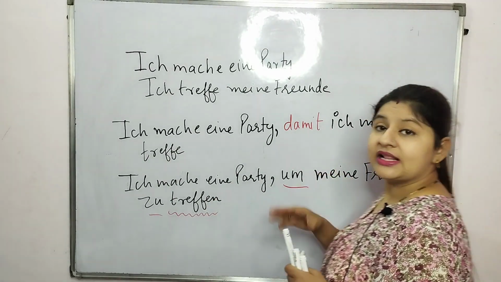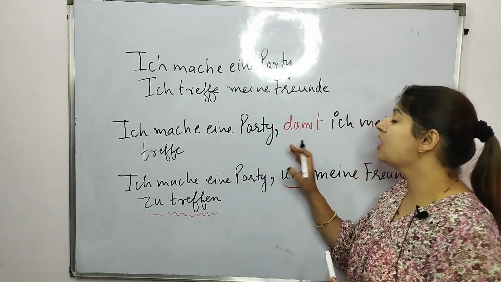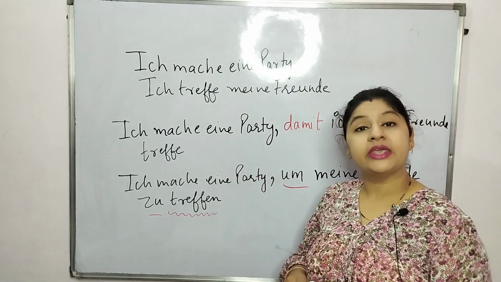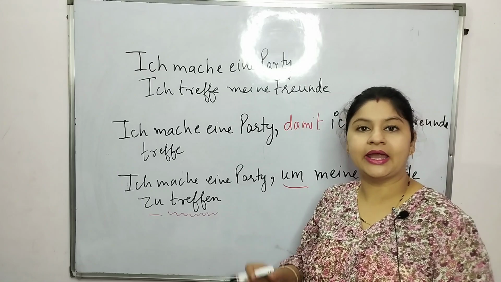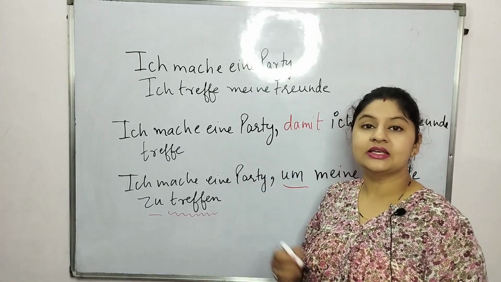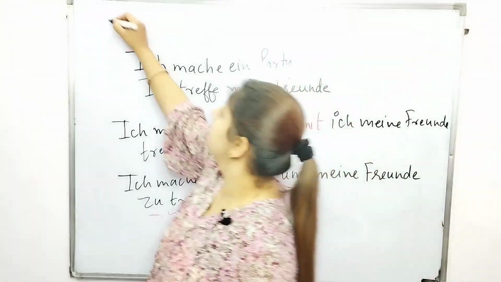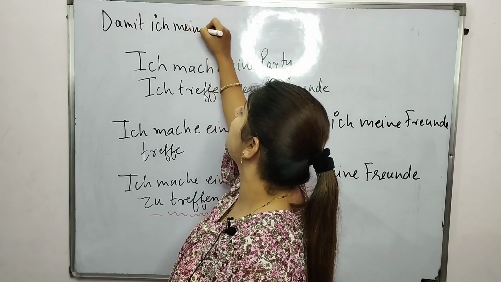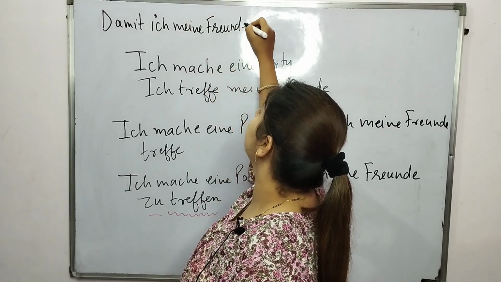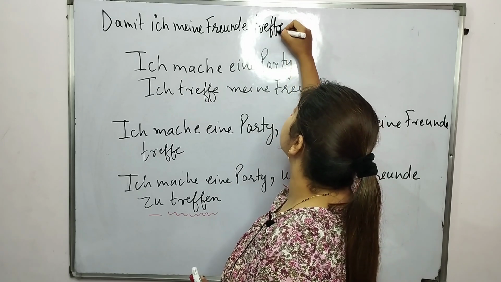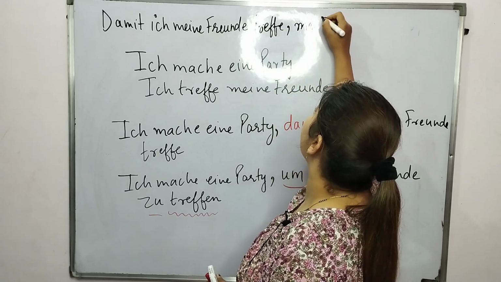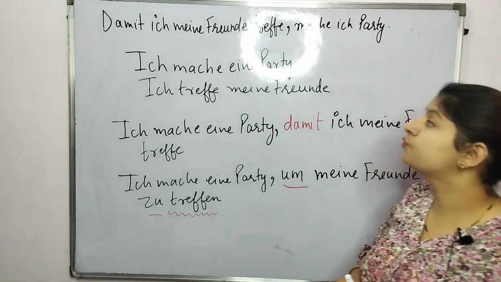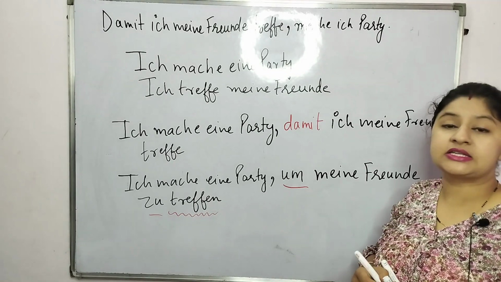Now, what else can we do here? We can also start our sentence with damit and um zu. In that case, the sentence should be: Damit ich meine Freunde treffe, mache ich eine Party.